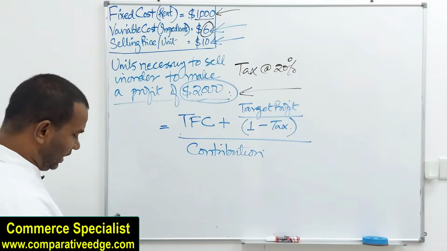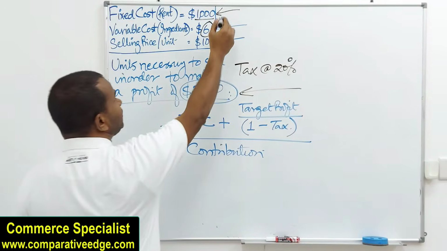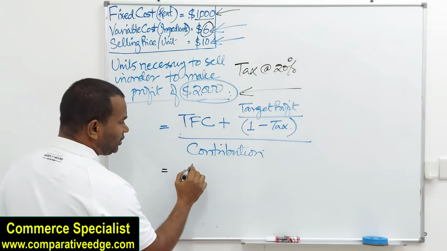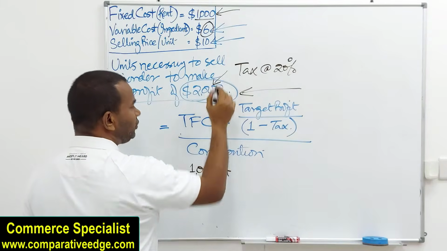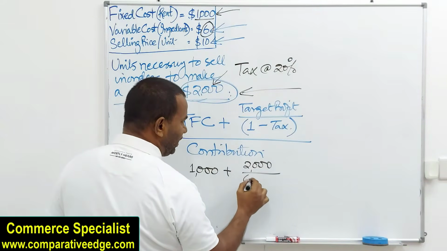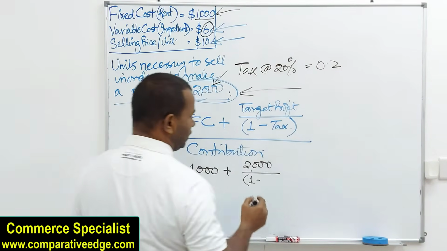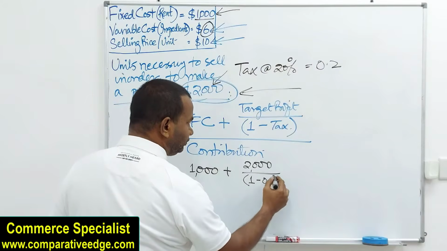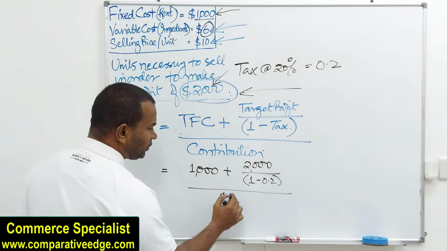So how does it look if I plug in the numbers? Total fixed cost happens to be the same, 1,000, no changes. Target profit, $2,000. Tax rate 20% means 0.2. So 1 minus 0.2. The whole thing divided by contribution, which is $4.